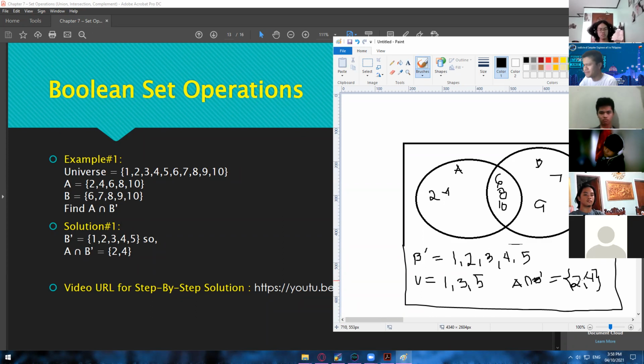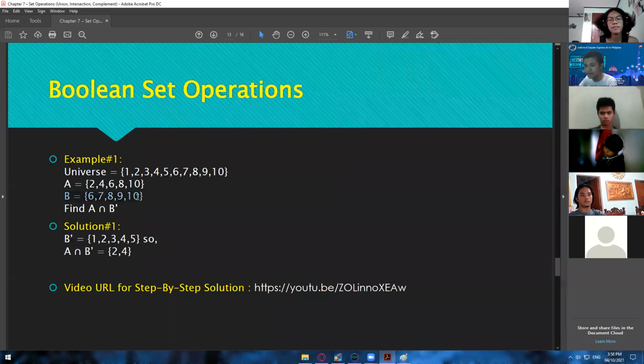Okay, or you can make another Venn diagram for this one, though it's quite weird since we'll have a different arrangement, like we now have 2 and 4 in the middle, and we don't have B right now.